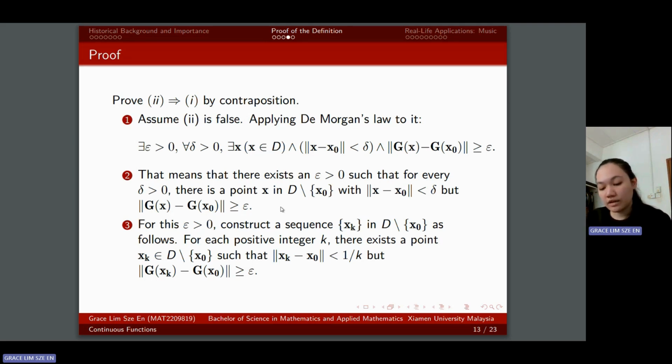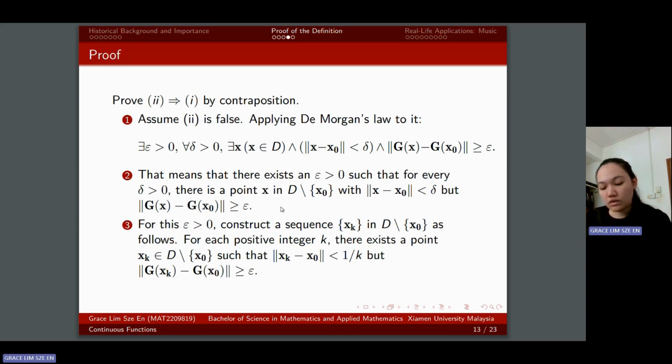So it's saying that there exists an epsilon bigger than 0, such that for every delta bigger than 0, there is a point x in D slash x naught, such that the distance between x_k and x naught is less than 1 over k, but the distance |g(x_k) minus g(x naught)| is bigger than or equal to epsilon.